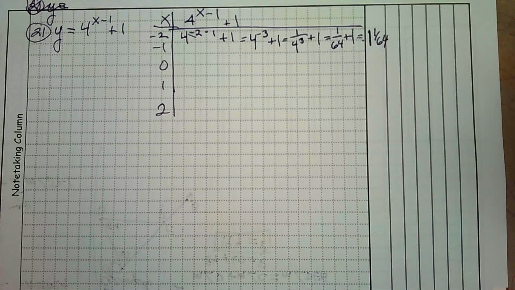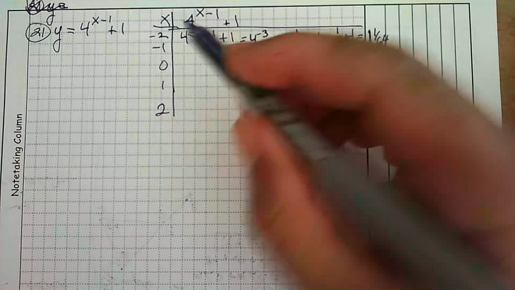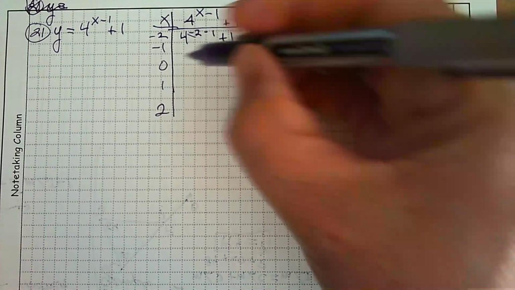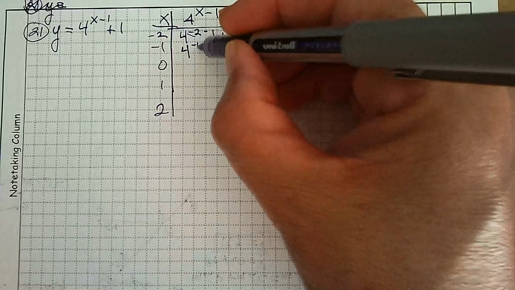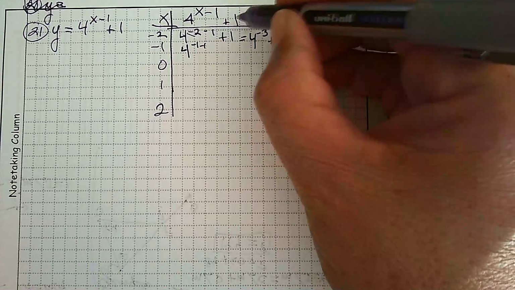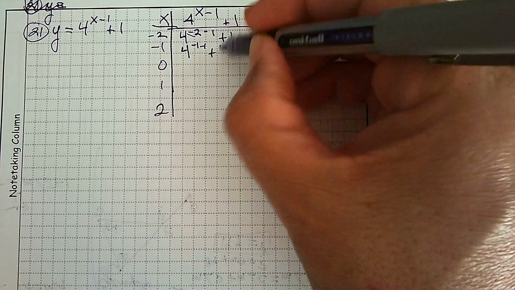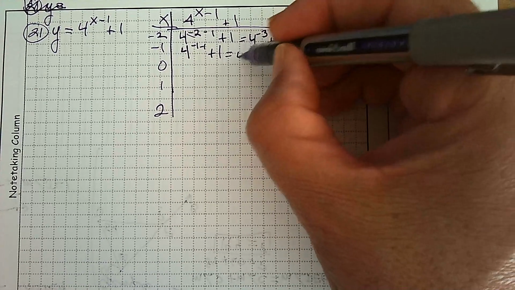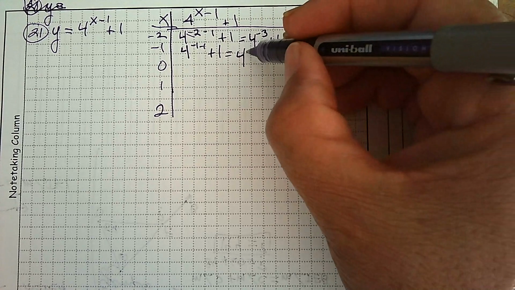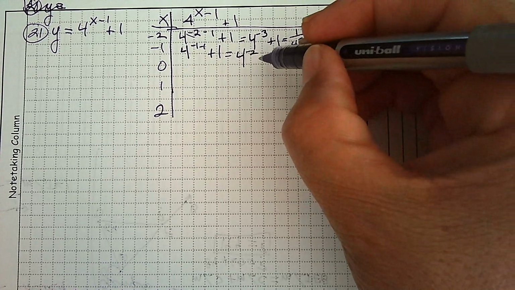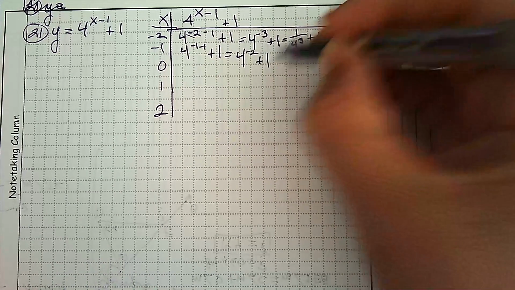Okay? Now do the same process, but instead of using -2 for x, you use -1. So that'll be 4 to the -1 minus 1, plus 1. Combine these, -1 minus 1 will give you -2, plus 1.